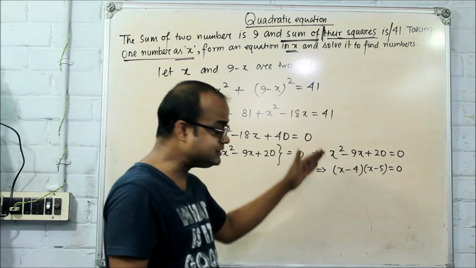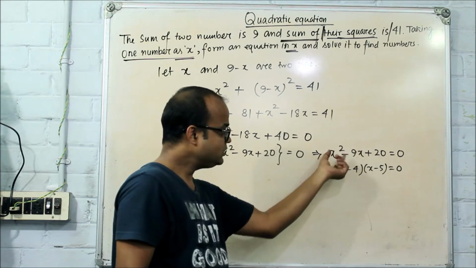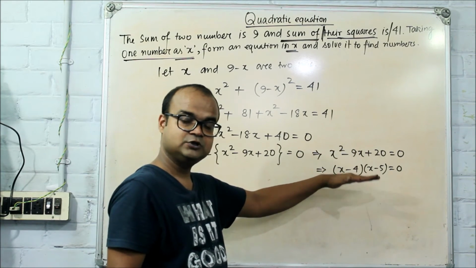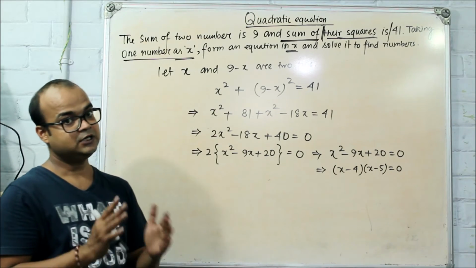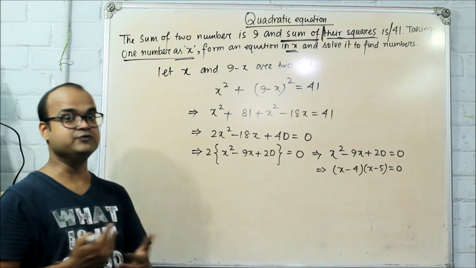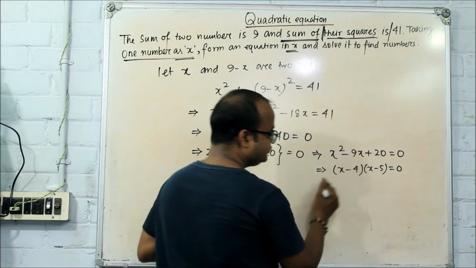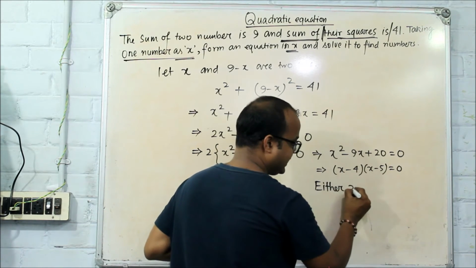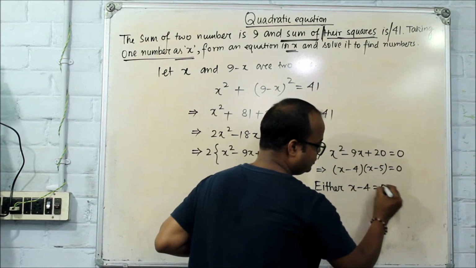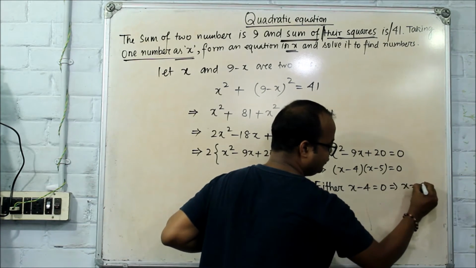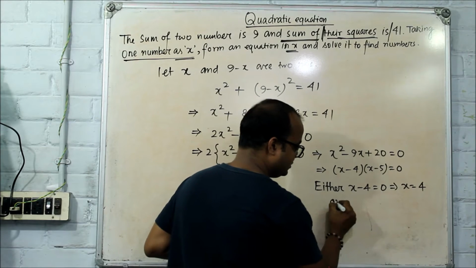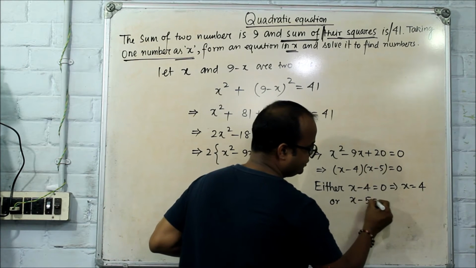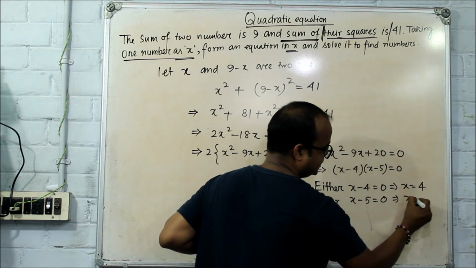So don't write directly, show the entire steps so that part will also be in revision mode. Now, we can say either x minus 4 is equal to 0, it implies x is equal to 4, or x minus 5 is equal to 0, it implies x is equal to 5.